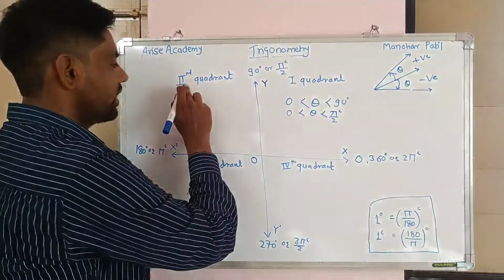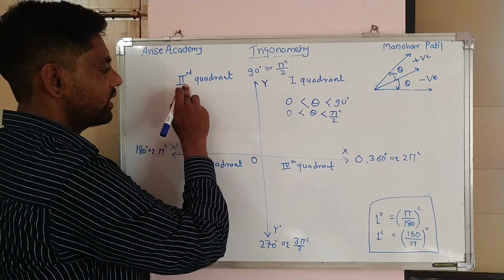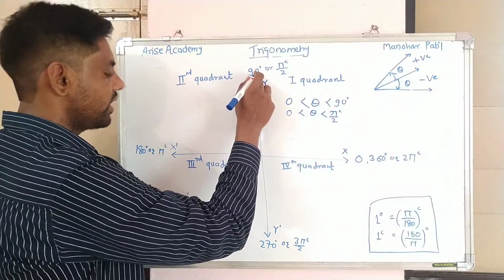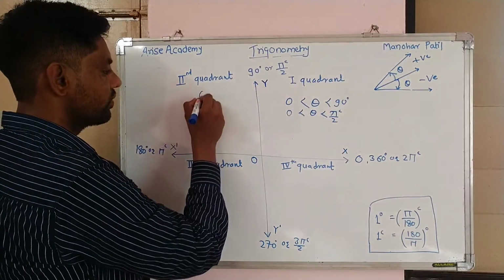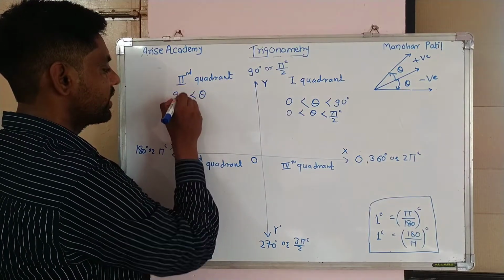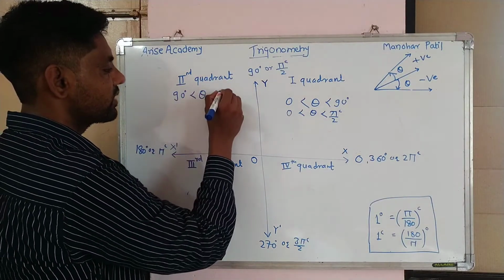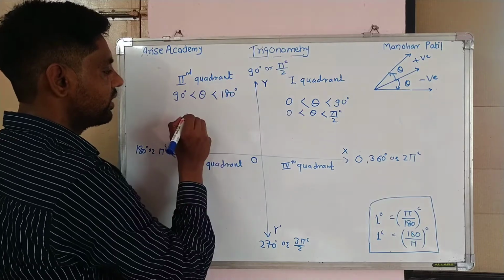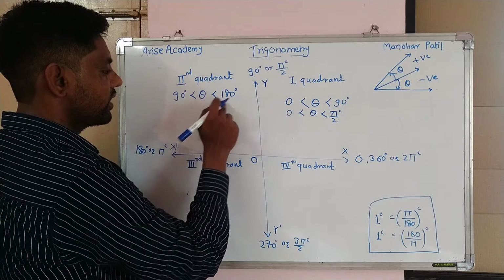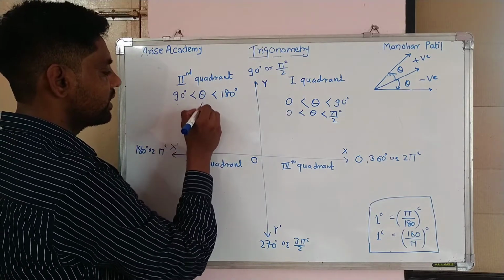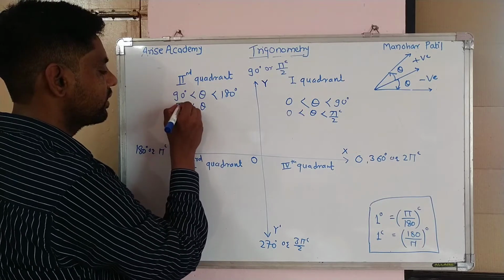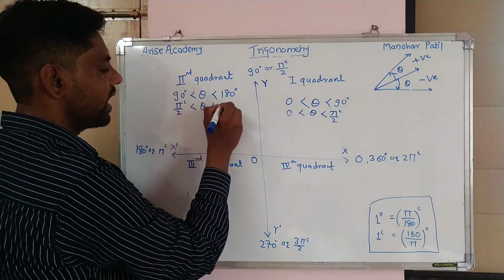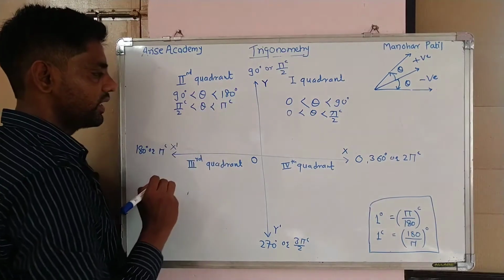Second quadrant: theta lies between 90 degree and 180 degree, so theta is greater than 90 degree and less than 180 degree. Again in radian form, theta is greater than pi by 2 radian and less than pi radian.